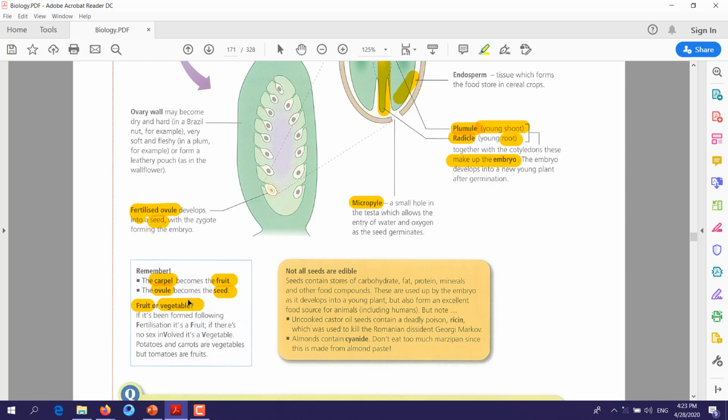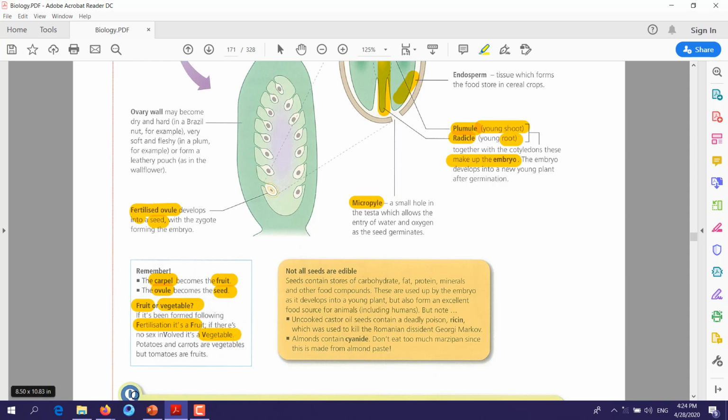If it doesn't have any seeds, this is a vegetable. This is by looking, but how it forms, or why some of them have seeds and others don't, is here. If it has been formed following fertilization, it is a fruit. If there is no sex involved, it is a vegetable.